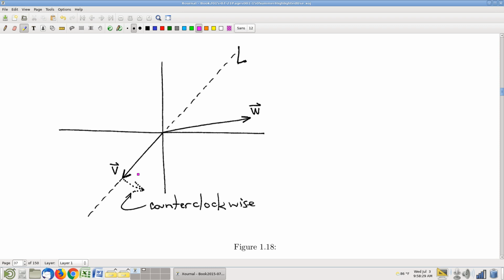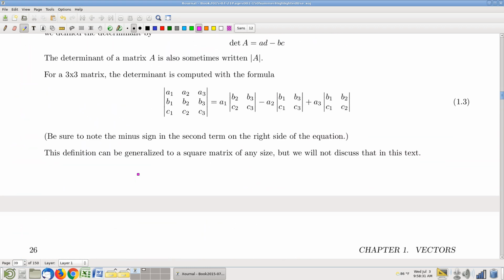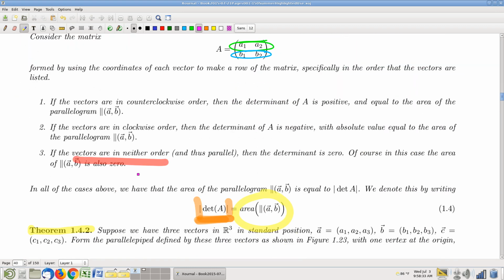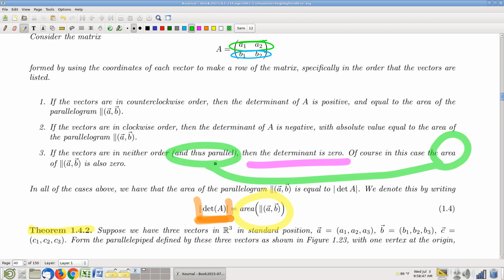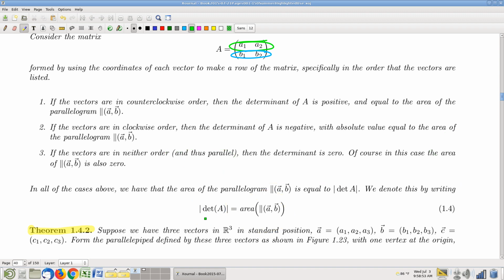Going back to this theorem, if neither happens, then the determinant will be 0. And if the determinant is 0, what's the area? If the two vectors are parallel, the area of the parallelogram would also be 0. And so this pattern holds: the absolute value of the determinant is equal to the area.